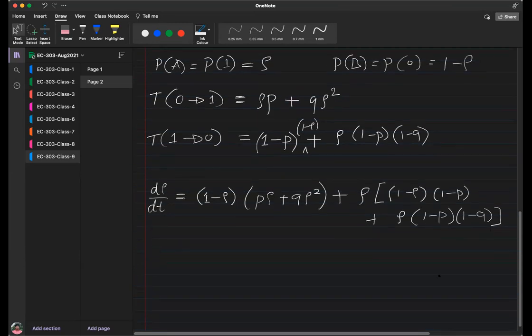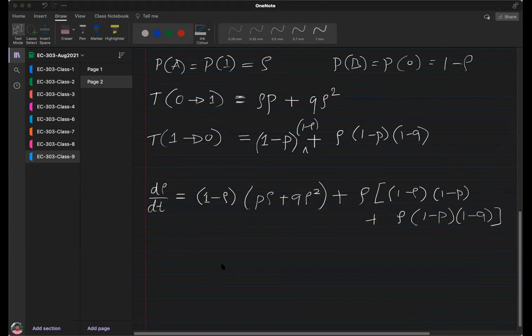So shall we try to simplify this? It's going to be a bit of algebraic work to simplify. Since I think I know the answer, I will write down the answer.